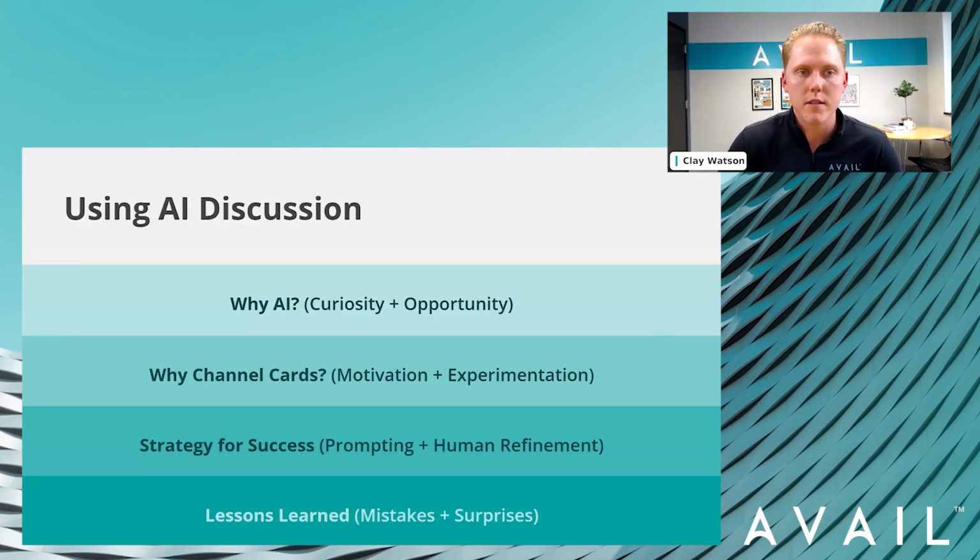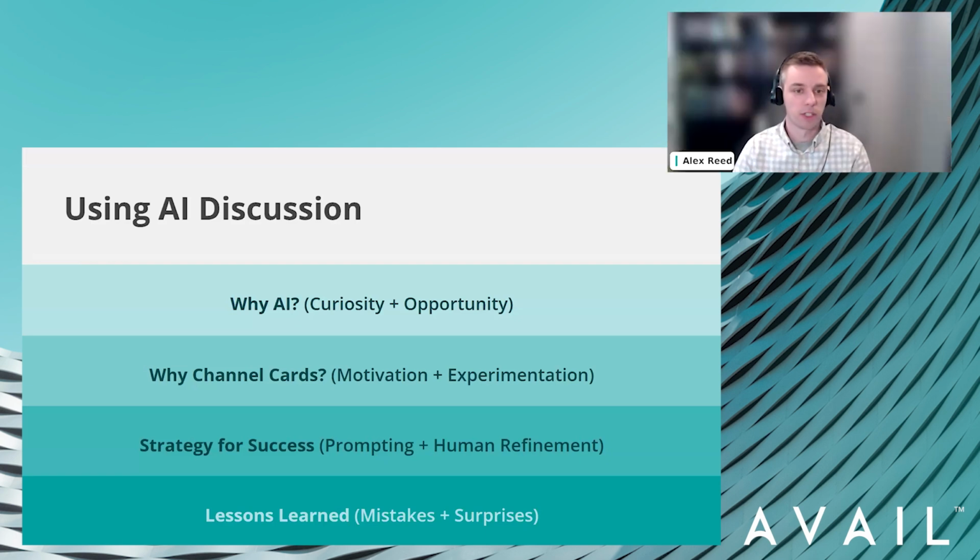It's not just purely AI output. There was some human refinement required to create that consistent look and feel. So Alex, I'll keep you on the mic and you can dive into your overall strategy for success, implementing your prompts and some of that human touch.